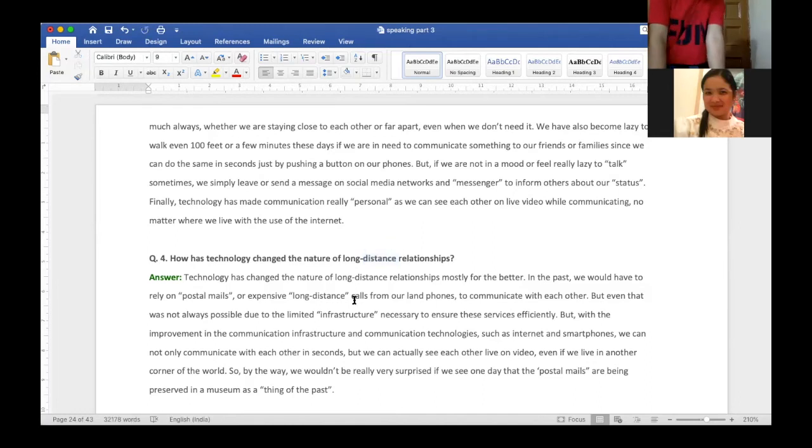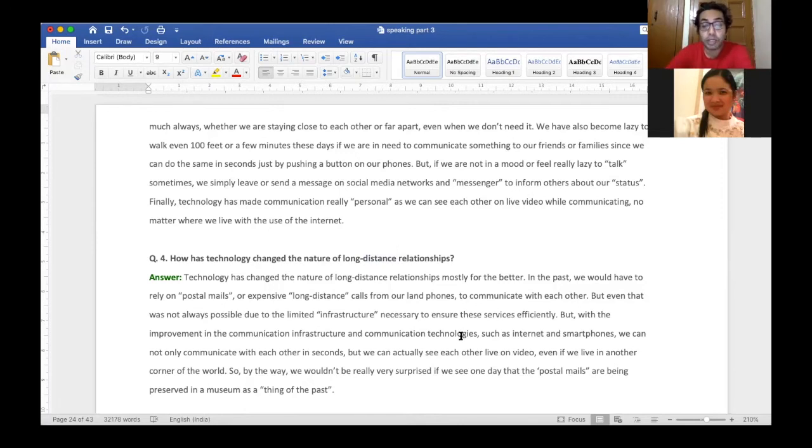So new techniques have changed the nature of many relationships, most of the time for the better. In the past, as you said, it was tough to get in touch with each other. But with time, infrastructure has improved, so these services are working in a more efficient manner.